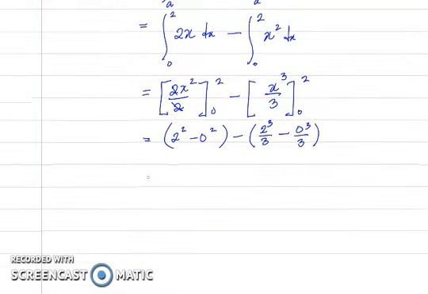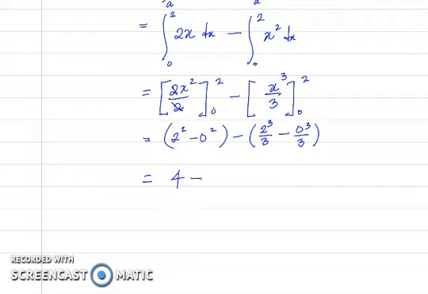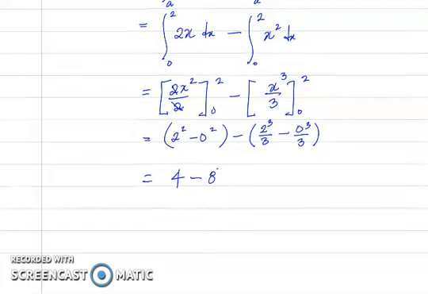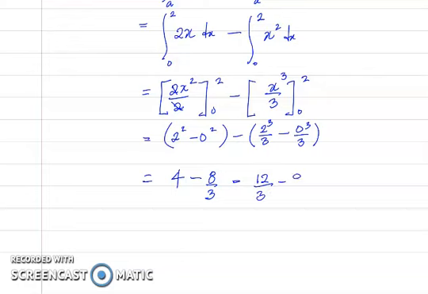So this works out to be 2 squared is 4, minus 2 cubed, which is 8, over 3. That is the same as 12 over 3 minus 8 over 3, which is equal to 4 over 3 square units.